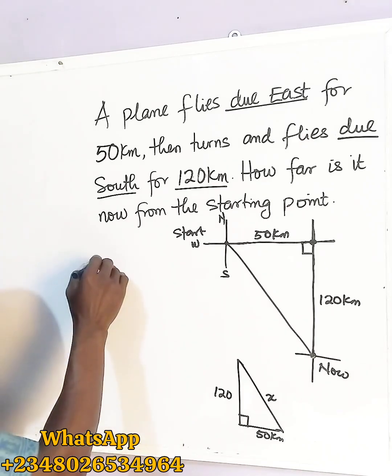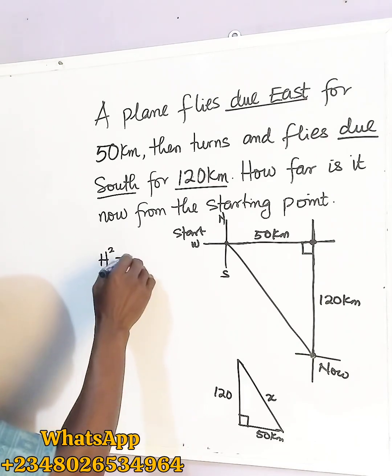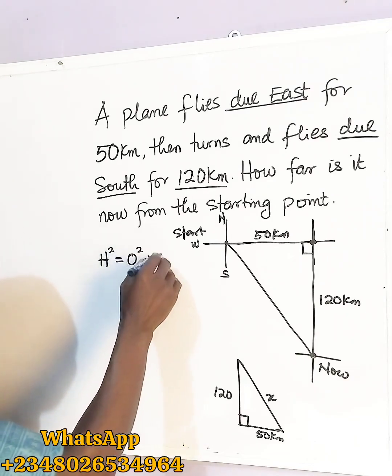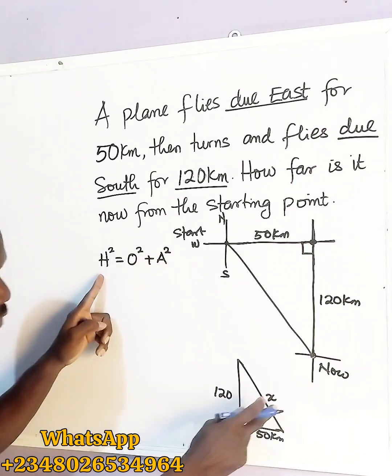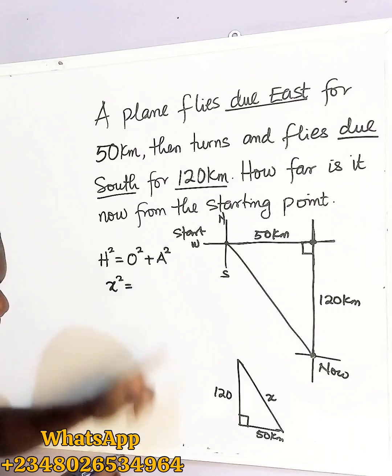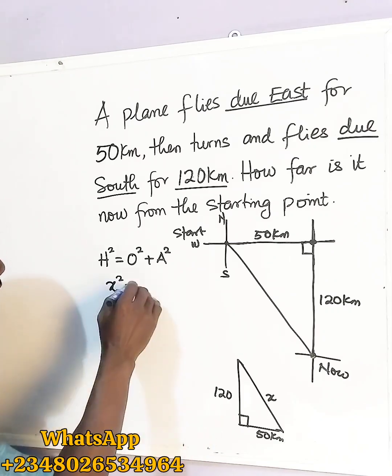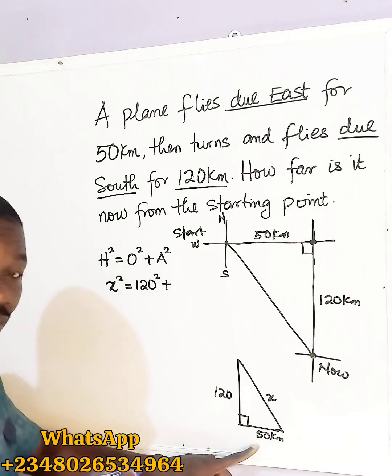For the Pythagorean theorem, the hypotenuse squared equals the sum of the other squares, which is the opposite and the adjacent. The hypotenuse is what we're looking for, which is x squared. Then the opposite is 120 all squared, plus the adjacent, which is 50 squared.